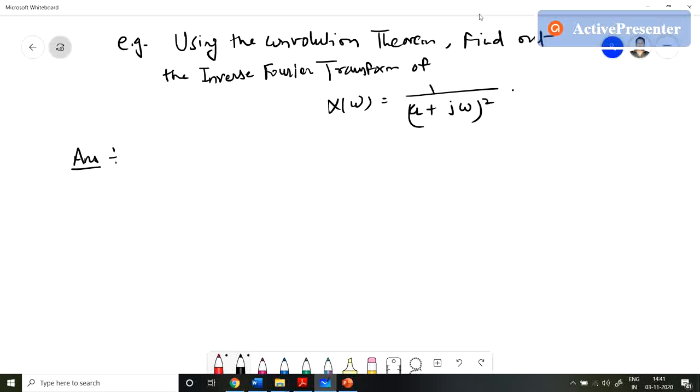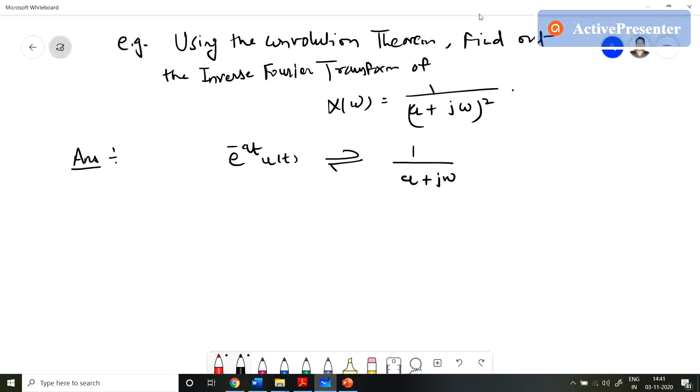So let us do this problem by using the convolution theorem. As we know, the Fourier transform of e raised to the power minus at into ut is 1 divided by a plus j omega.